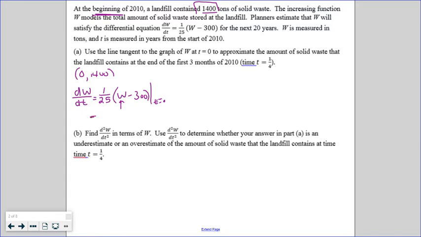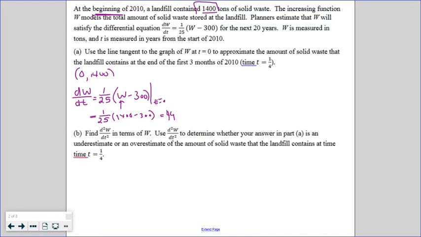So this would actually end up equaling 1/25 times (1,400 minus 300), which ends up giving us a slope here of 44. So that would be 1,400 minus 300 would be 1,100 divided by 25 is 44.